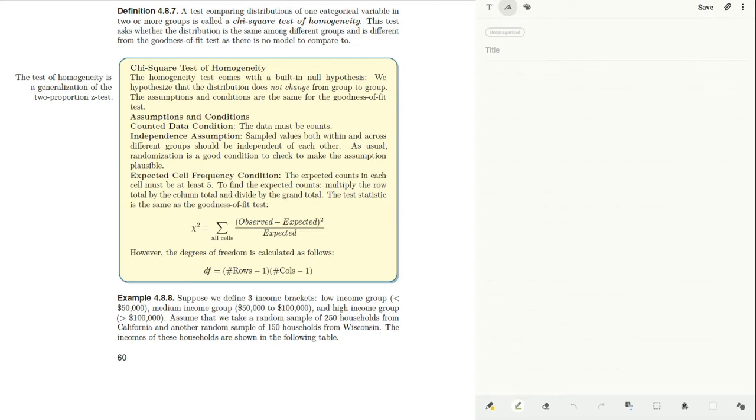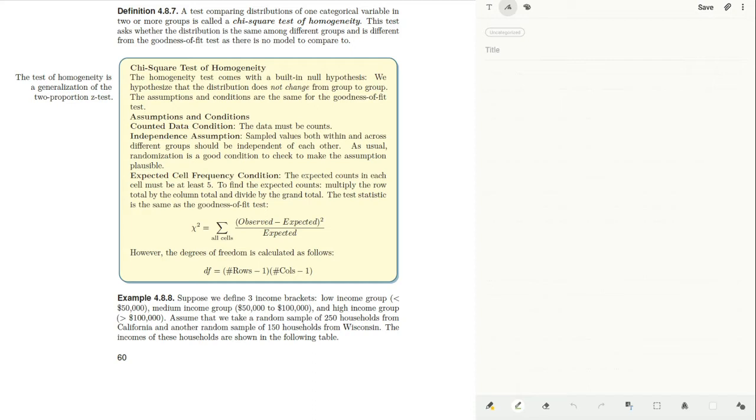Now the homogeneity test comes with a built-in null hypothesis. We assume that the distribution of our categorical variable is the same among all groups. The assumptions and conditions are the same as the goodness of fit test, with a slight exception on how we calculate the expected counts and the degrees of freedom.